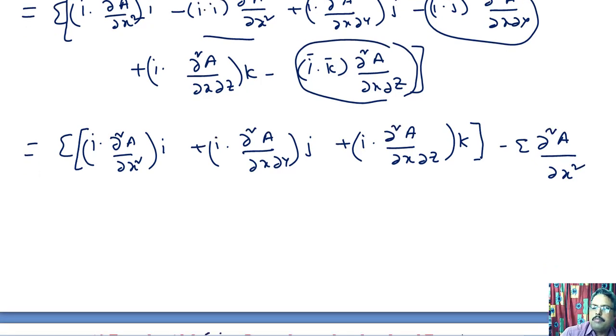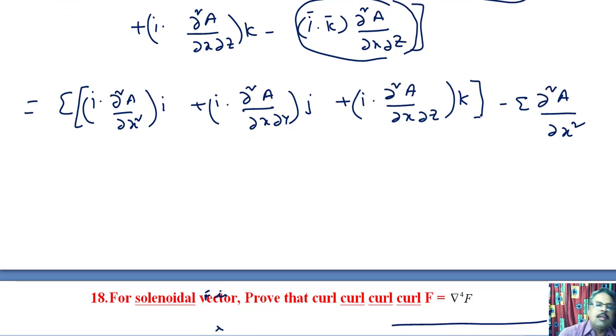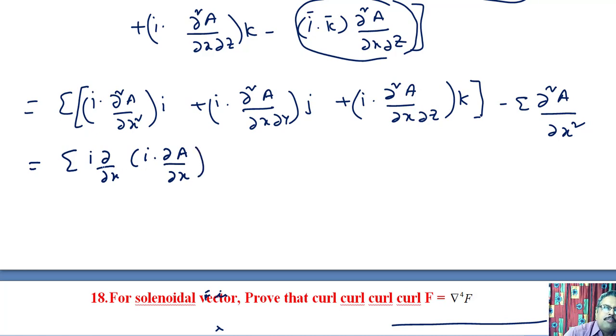Now simple manipulation, try to understand. This is sigma. Here dou by dou x can be written as i into dou by dou x of (i dot dou A by dou x). If you find the uv derivative, you will get the same term.